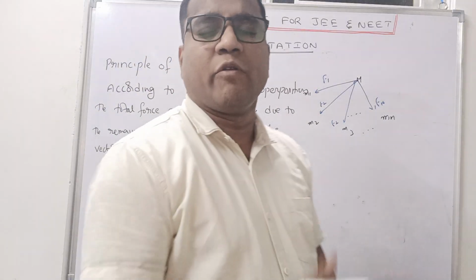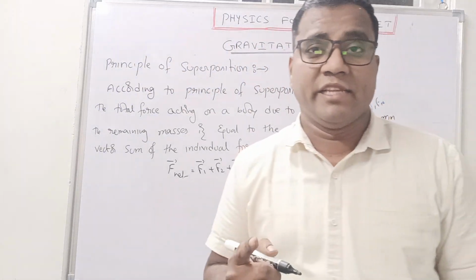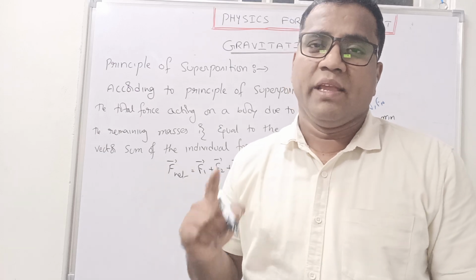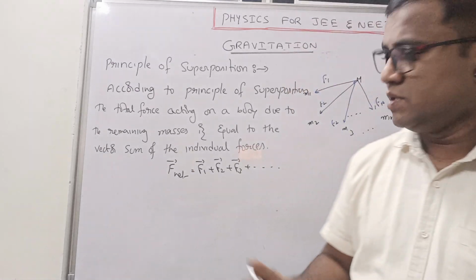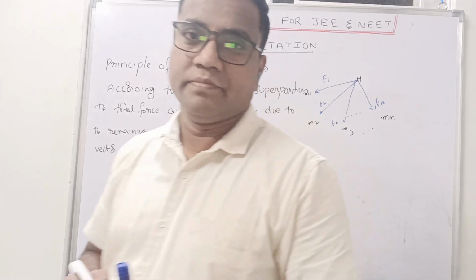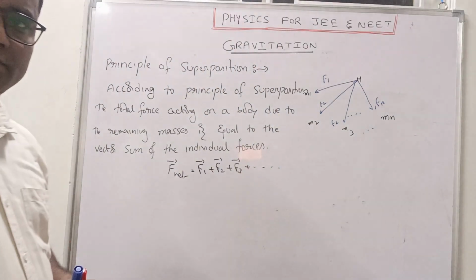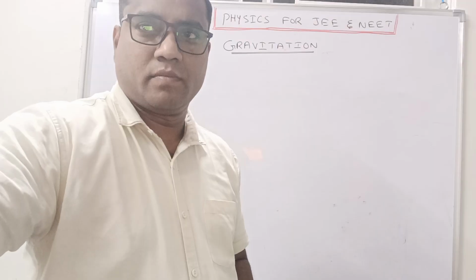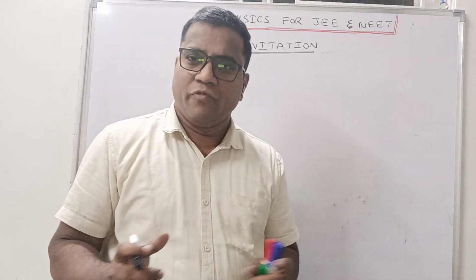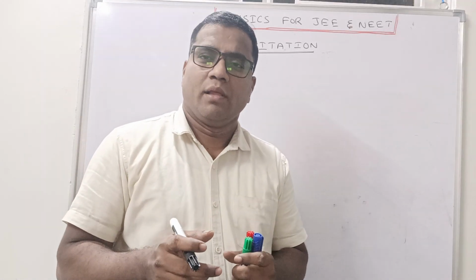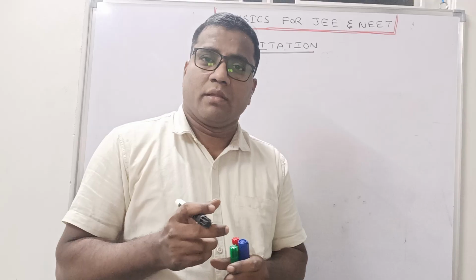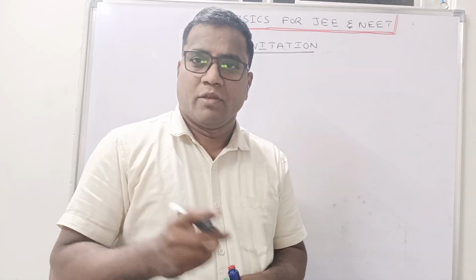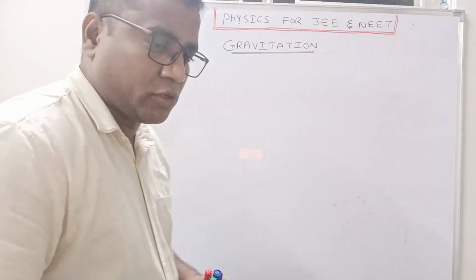We have to add them, but not as an algebraic sum; it is the vector sum. So make a note. Now we will see how to solve for the total force. We will do 2-3 numericals and try to understand based on that.